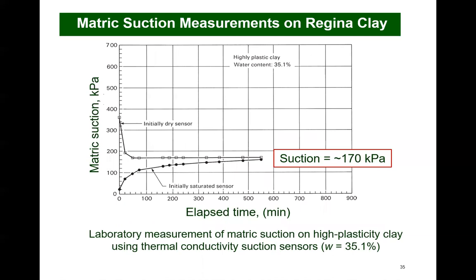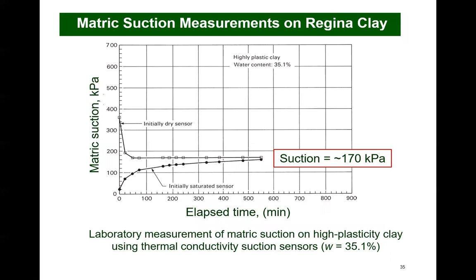In this case, a thermal conductivity suction sensor was placed in each end of an undisturbed Shelby tube sample of Regina clay. One of the sensors was initially dry, while the other sensor was initially saturated with water.